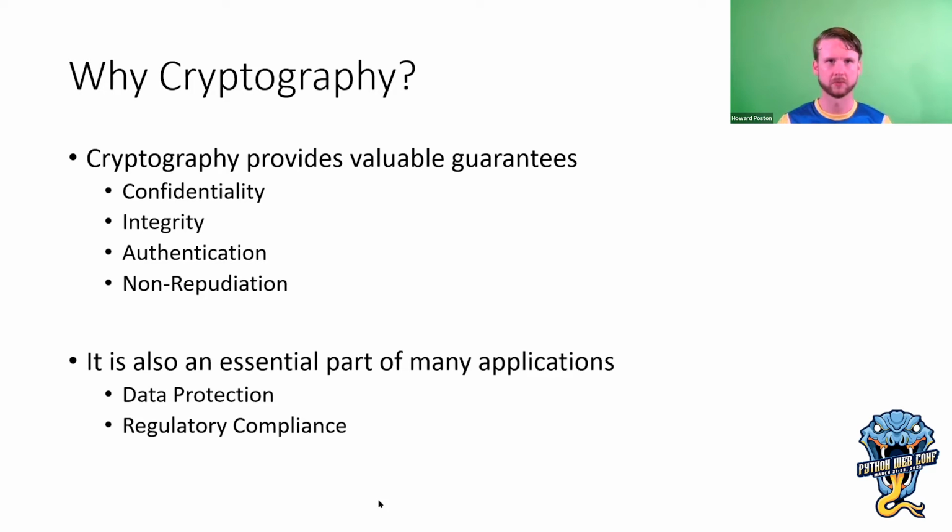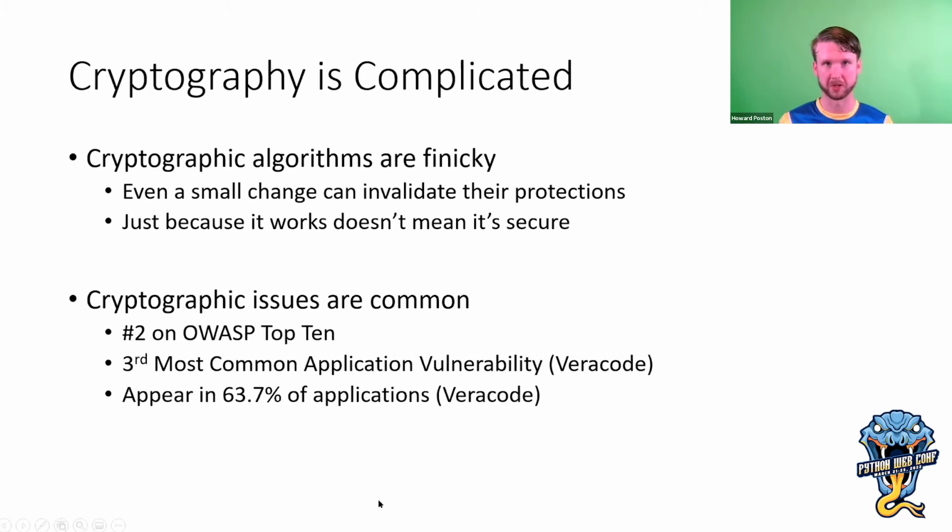However, often we have trouble with cryptography. And the reason why is that cryptography is really complicated. And these cryptographic algorithms are very finicky. So even a small change in how a cryptographic algorithm works can completely break it and invalidate its protections. And so just because we're able to get code to compile or get code to run doesn't mean that it's secure.